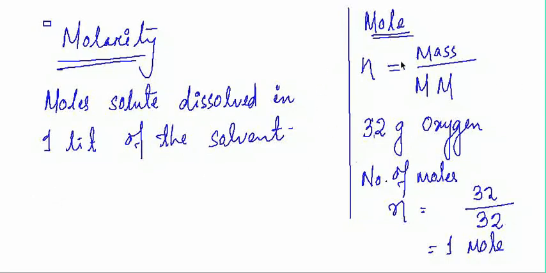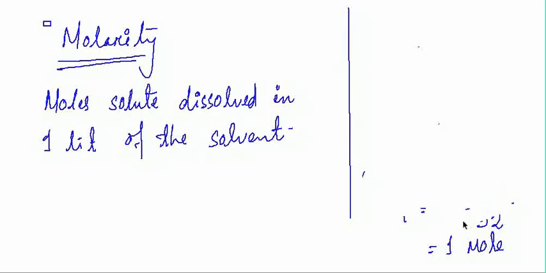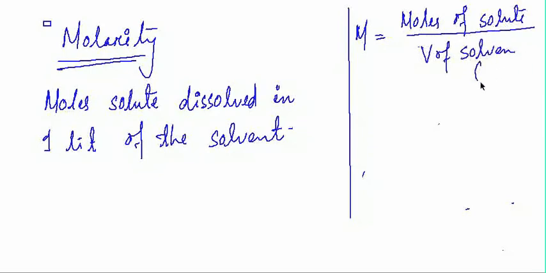So the formula, we can write it this way. Molarity is generally denoted as capital M, that is equal to moles of solute divided by volume of solvent in liters. So this is the general formula we are going to use.